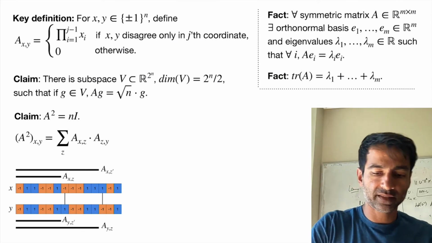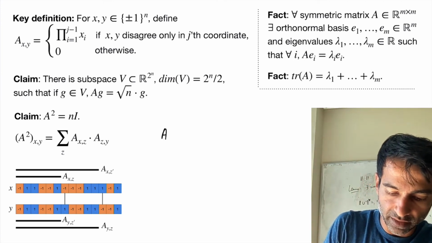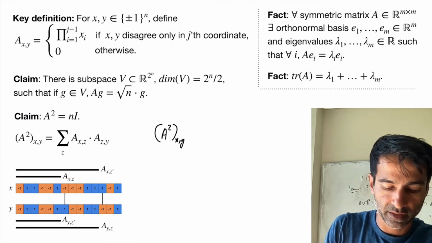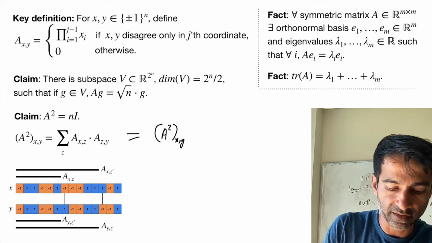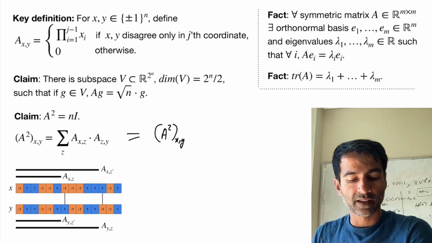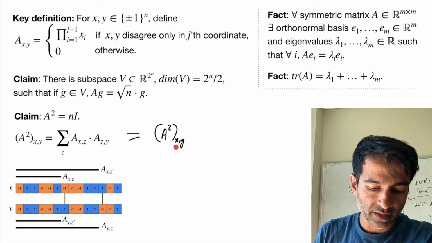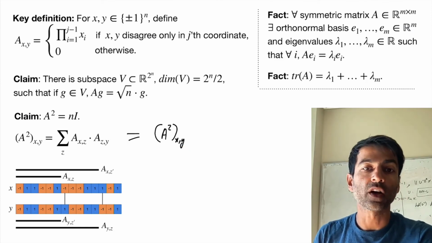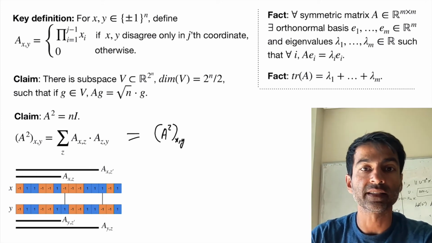So to see this, let's consider an off-diagonal entry. So we have the xy-th entry of A squared, and it's equal to this formula that's written here. Now, if you think about it, the only entries xy of A squared that can be non-zero must be the ones where x and y are at distance 2.